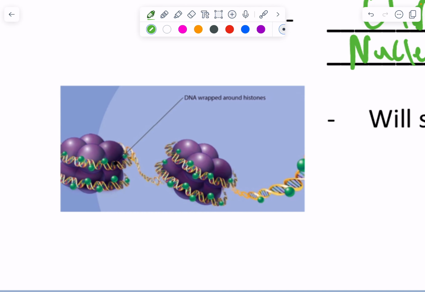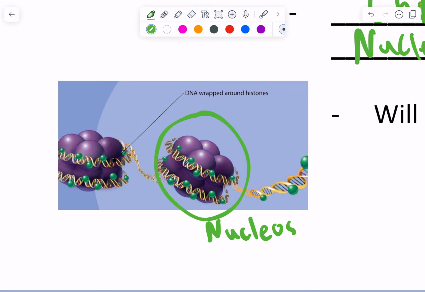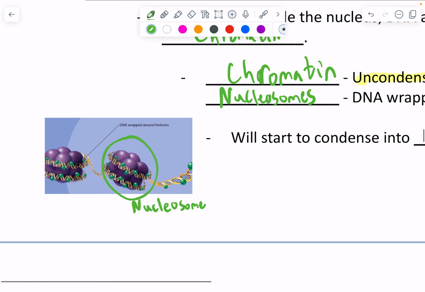And so we can kind of see that here. The histones are taking up space. This whole thing is one nucleosome. And the histone's function is primarily for the DNA to take up less space, right?